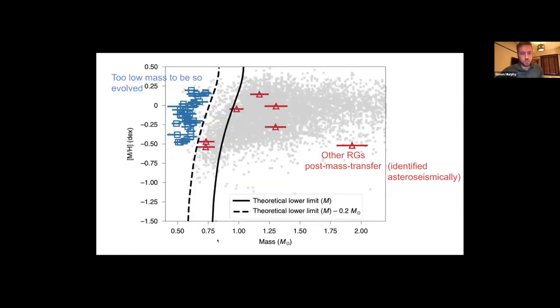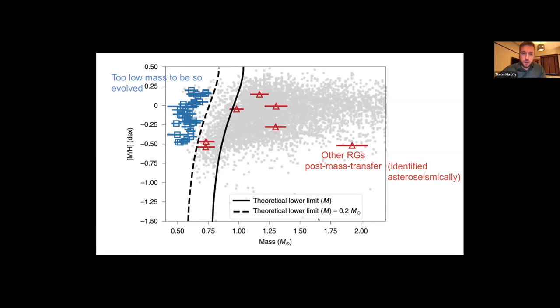Just showing mass versus metallicity here for a very large number of Kepler red giant branch stars. And there's a whole bunch of stars in blue off the left-hand side here that at greater than 1 sigma have masses that are far too low. These stars could not have evolved as single stars within the current age of the universe. I forget the exact number, but there were sort of dozens of those stars.